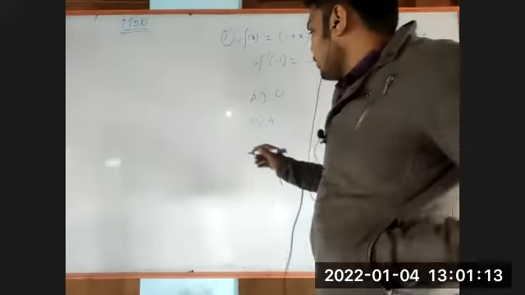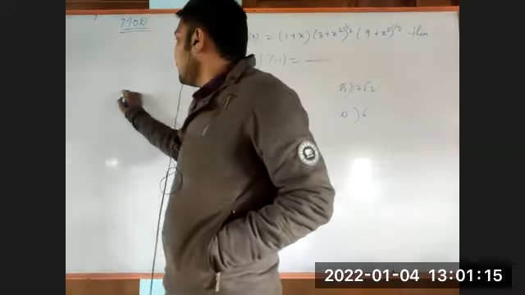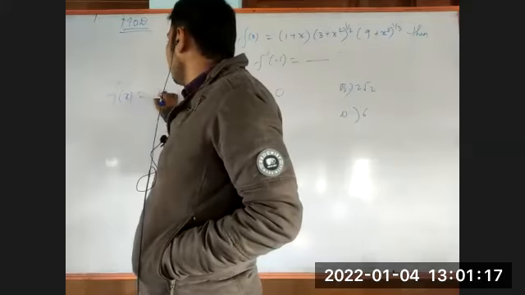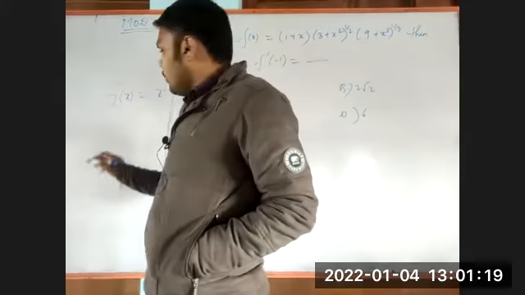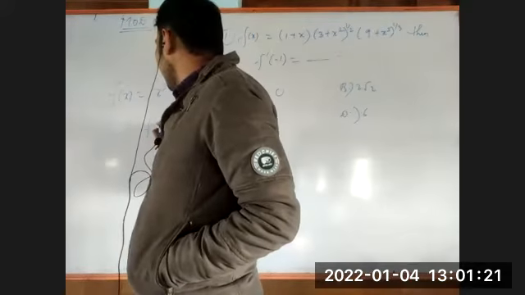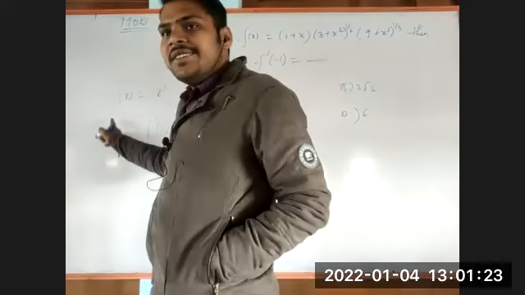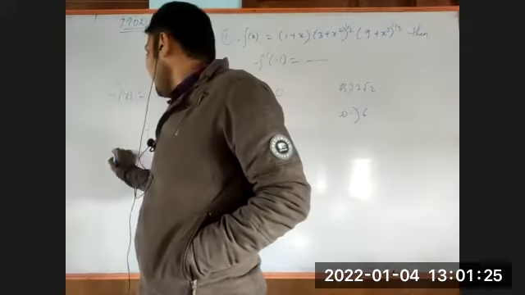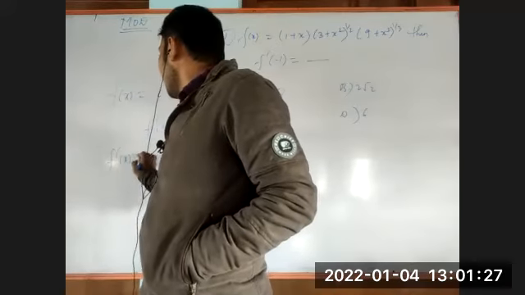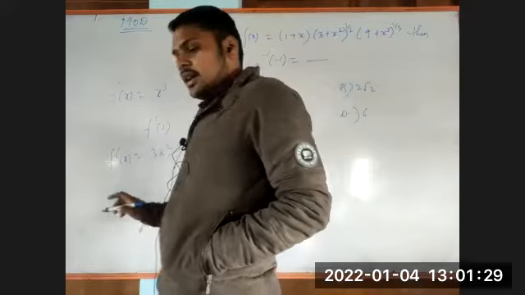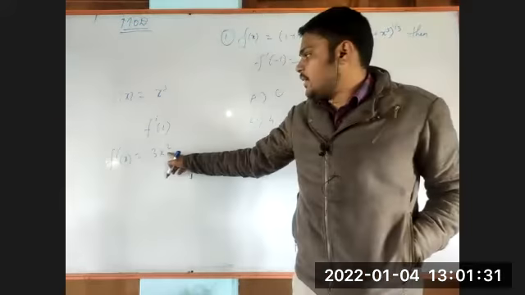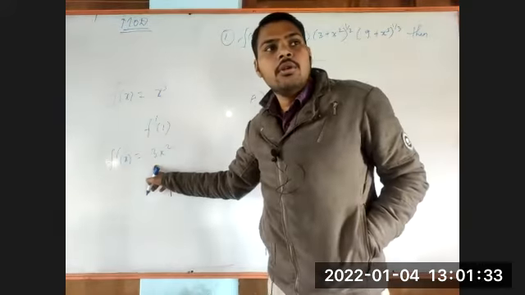One more thing: if f(x) is x³ and you are asked for f'(1), what will you do? You will first differentiate. So what is f'(x)? It is 3x². Then you put x equal to 1 over here.